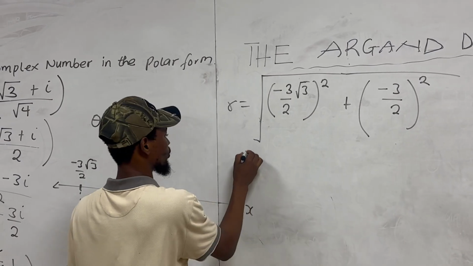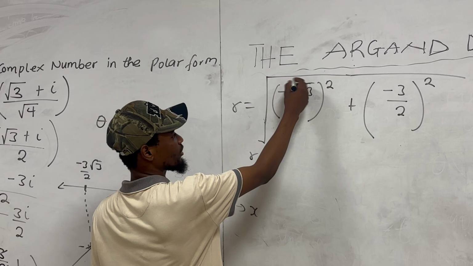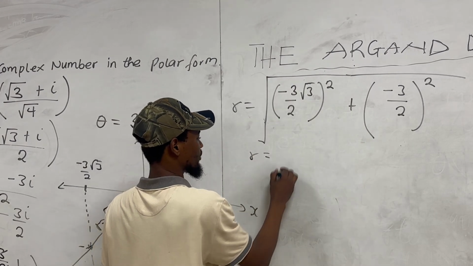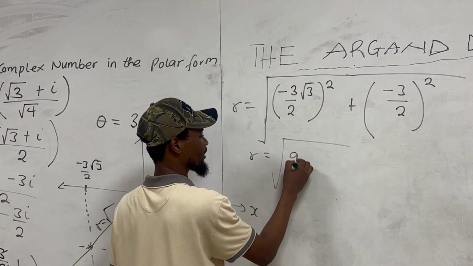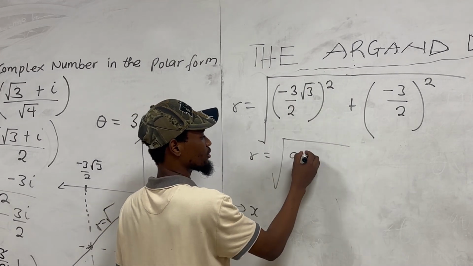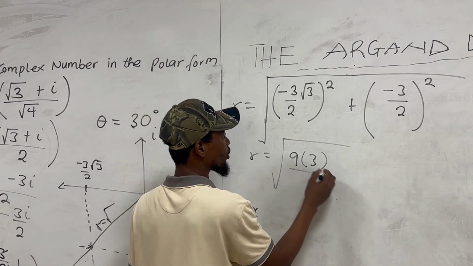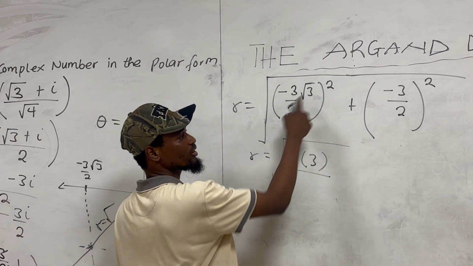So r is equal to the square of negative 3 gives 9, then square root of 3 all squared gives 3, all over square of 2 gives 4.